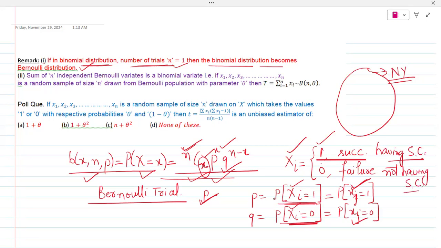So now I have turned my population into a Bernoulli population, because every population unit either takes the value 1, if the ith person has a sports car, or xi takes the value 0 if the person doesn't have a sports car. This is the meaning when we say that our population follows Bernoulli distribution.